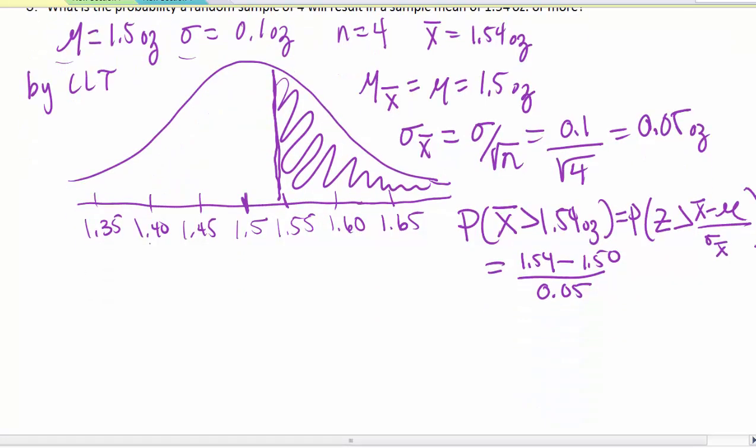So this is then equal to the probability that z is greater than this expression, which is equal to 0.80.